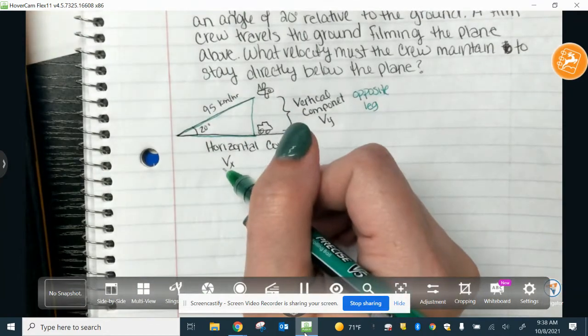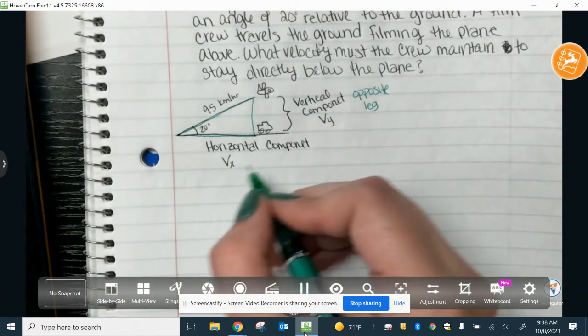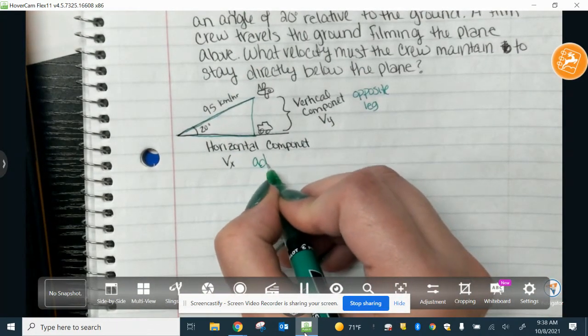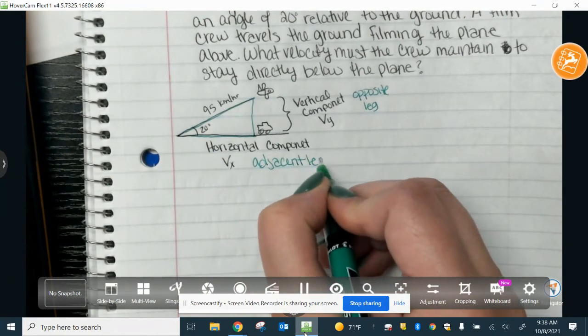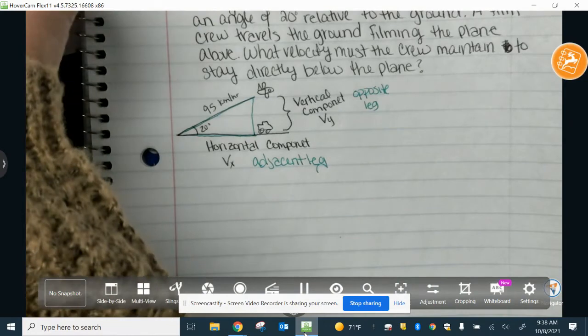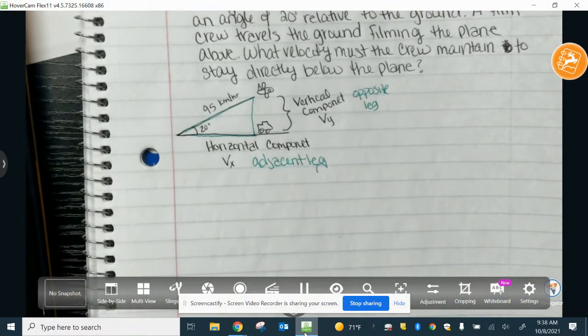And next to the angle is my adjacent leg. What I really want to find is my Vx, or my adjacent leg.